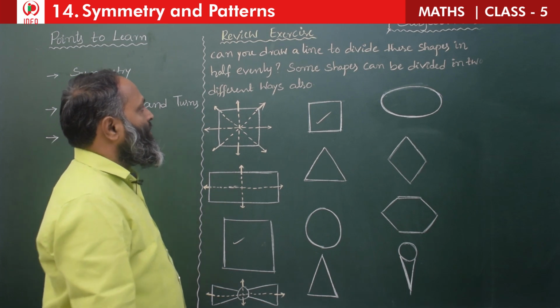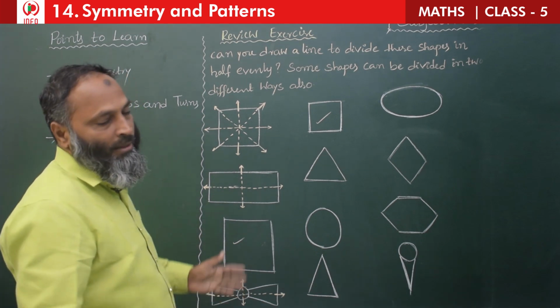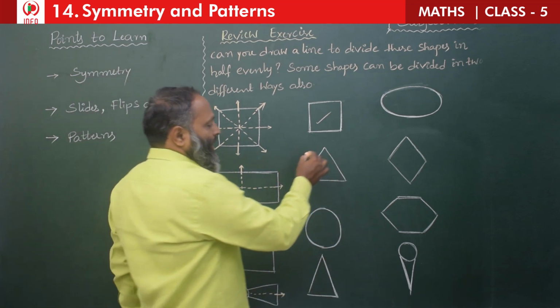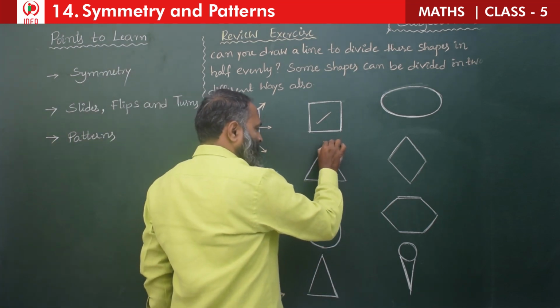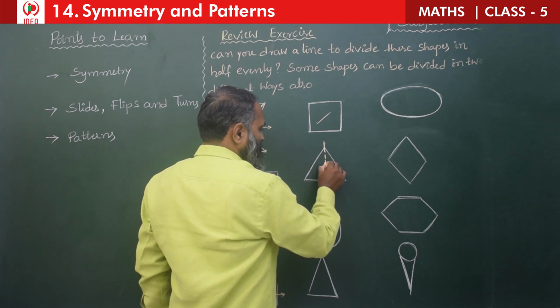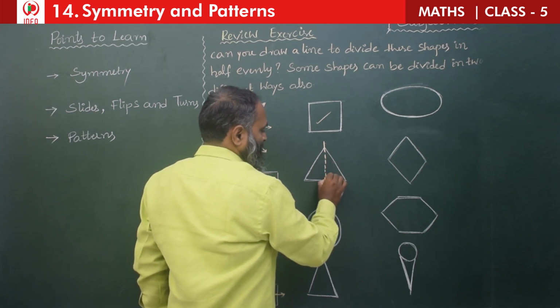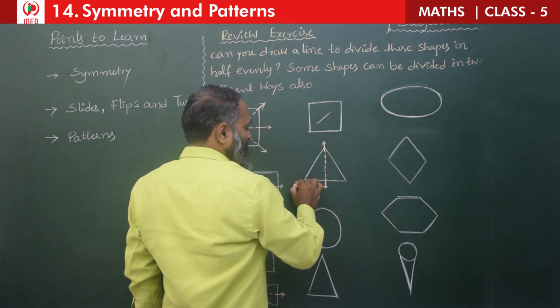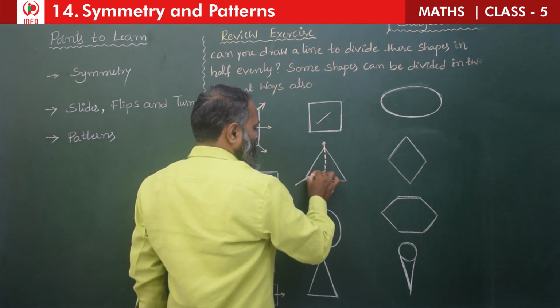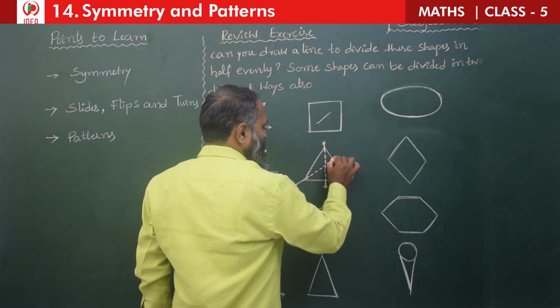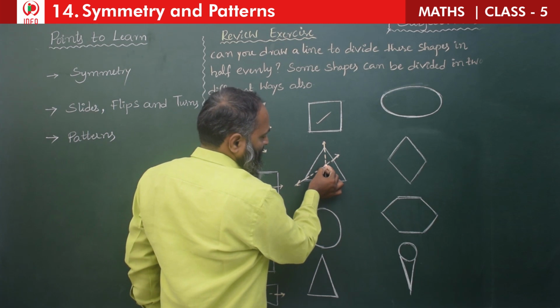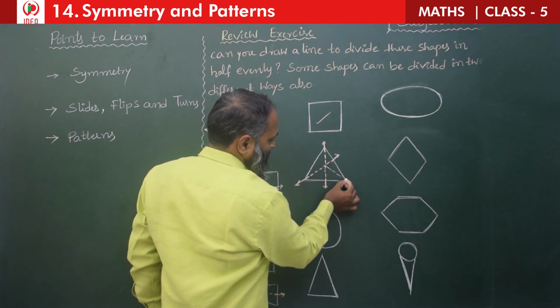Okay. So, 2 shapes. Evenly means to make equal, and this is an equilateral triangle. So, exactly in the middle. From the first vertex, this is one. From another vertex, it also makes 2 equal halves. So, from another vertex also it makes 2 equal halves.